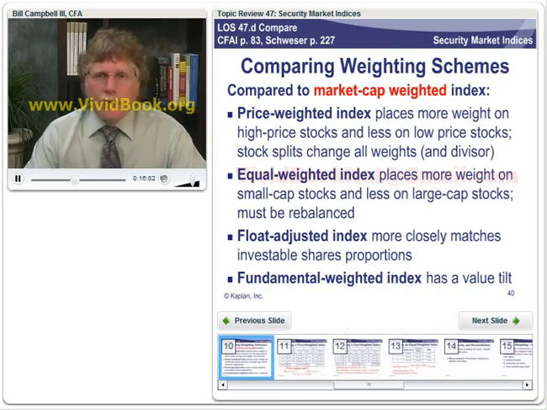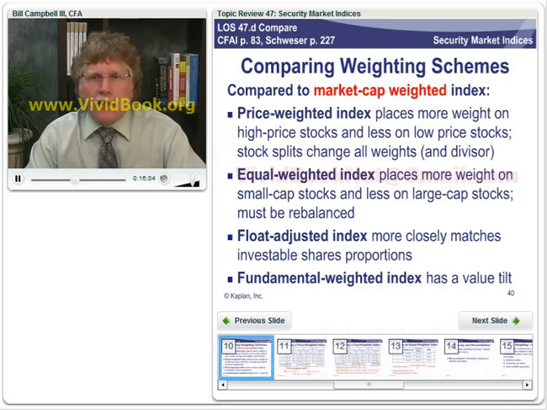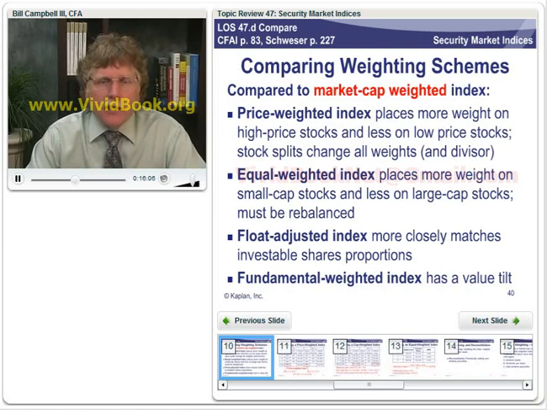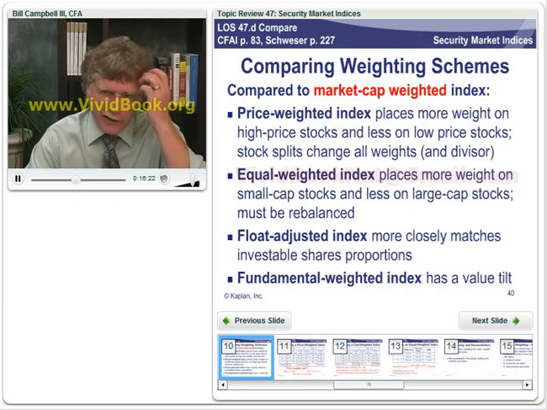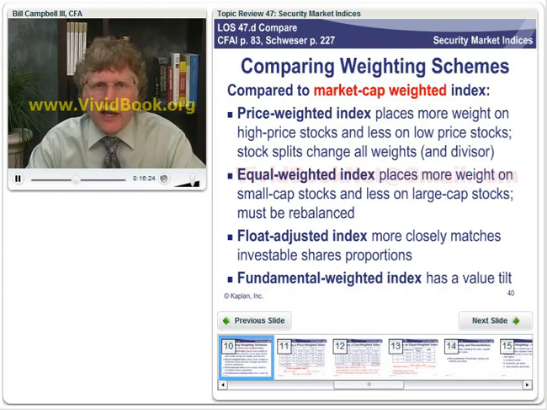An equal weighted index places more weight on small cap stocks simply because small cap stocks tend to have greater volatility in their returns. So they will have high returns one period, low returns the next. Very large positive returns one period, very large negative returns the next. And it treats all returns as being equal. So the larger the return, the more weight it has.